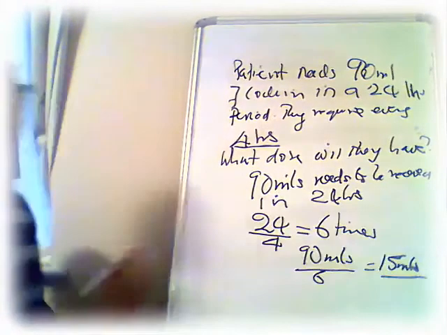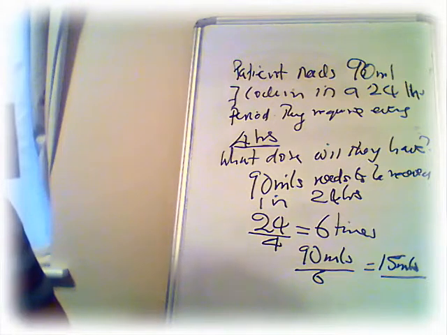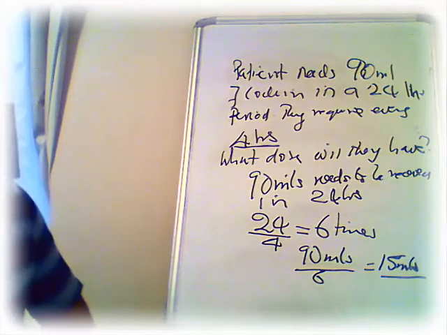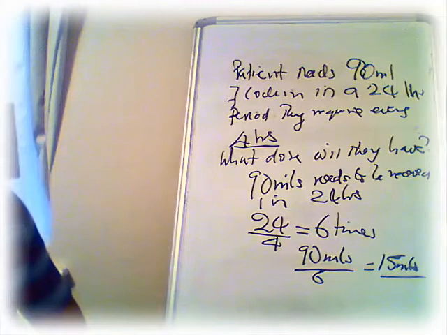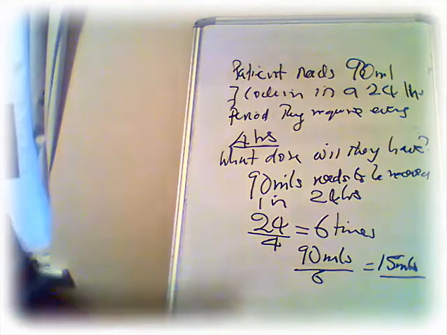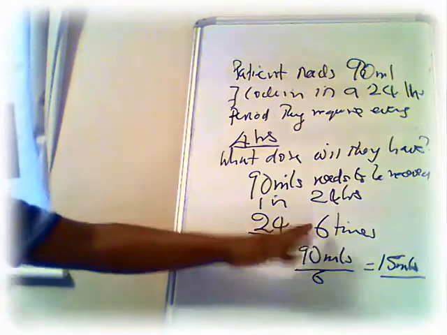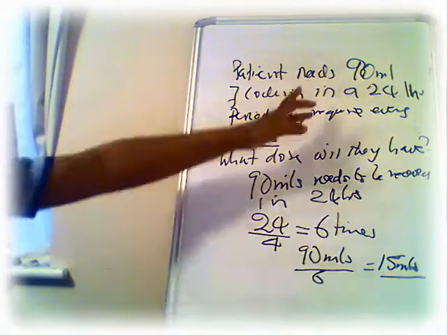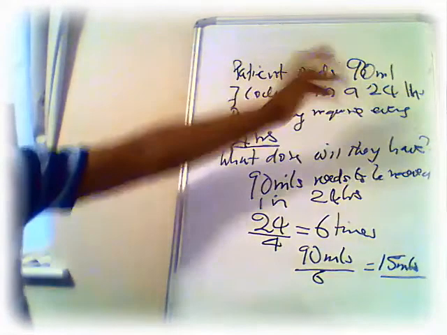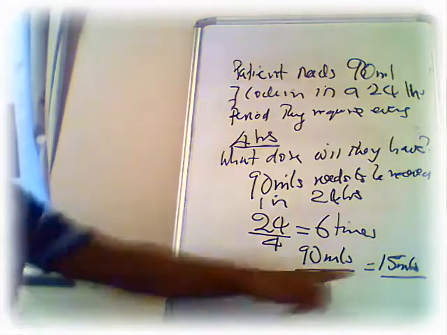You can see if he receives 15 mils each time for 24 hours, he gets 90. So 15 times 6 should give you 90. He receives it 6 times because he's receiving it every 4 hours, and then 6 divided into the total that he needs. So each time the nurse goes to give the medication, she is going to give 15 mils.